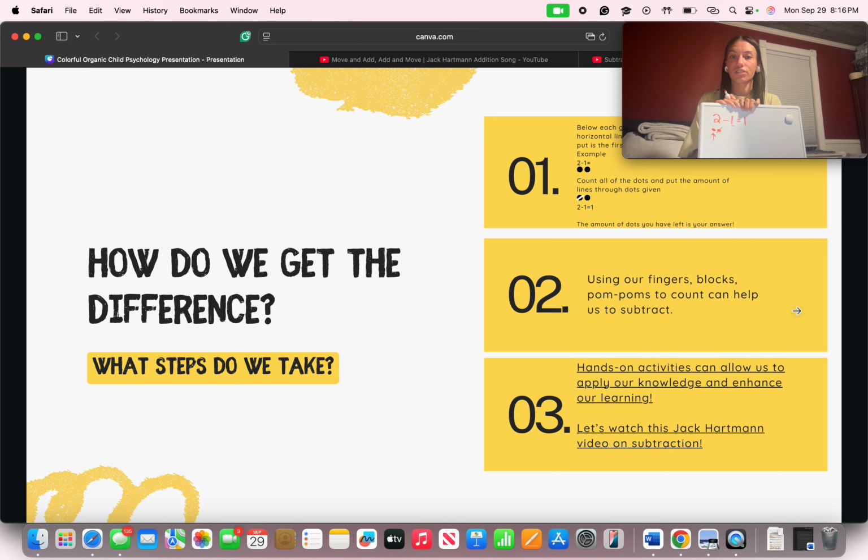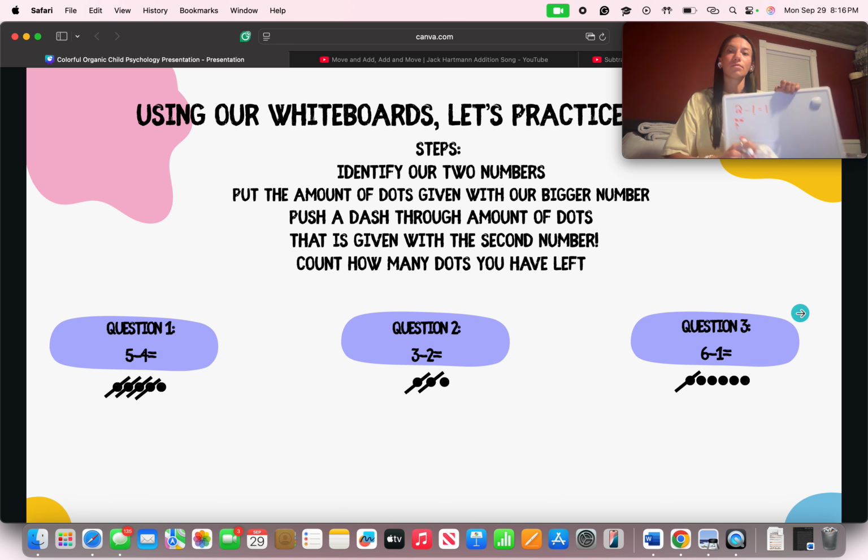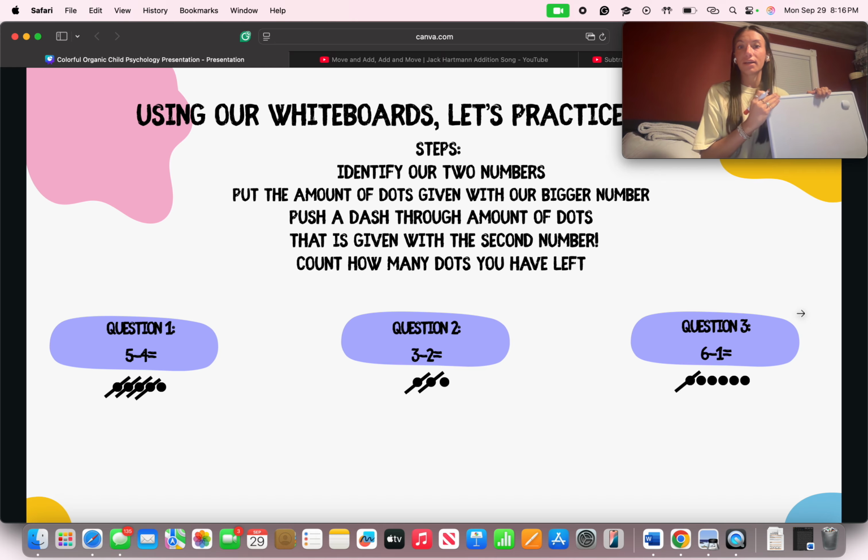Again, just like addition, we can use our fingers, blocks, pom-poms, and different concrete manipulatives to help us find our difference and subtract. So, using our whiteboards, we're going to practice some subtraction. We're going to identify our two numbers. We're going to put the dots under the bigger number. The smaller number will tell us how many dots we're taking away, and then we're going to count how many dots we have left.